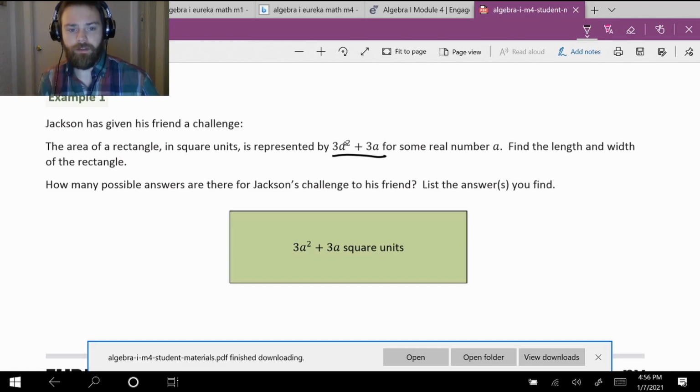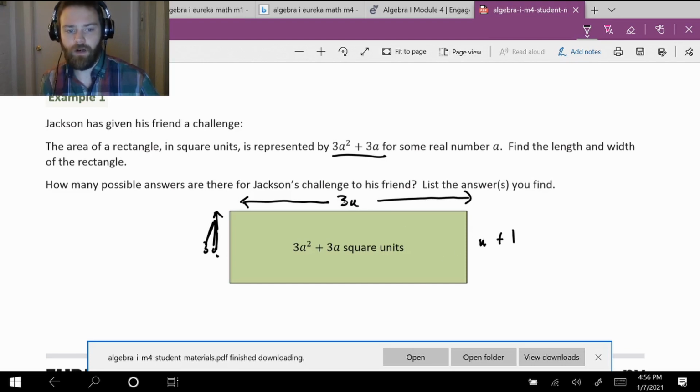If you think about it, this a has been distributed to both terms, but not only the a has been distributed, but also the 3. So I could split this up, and I could call this side 3a, maybe make it the longer side. So this is 3a, and then this side is a plus 1.